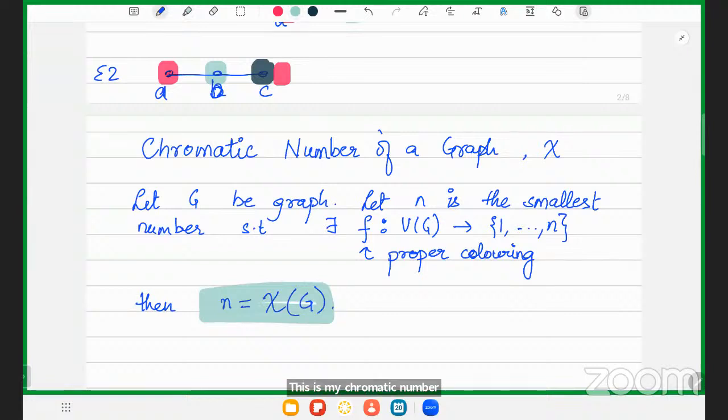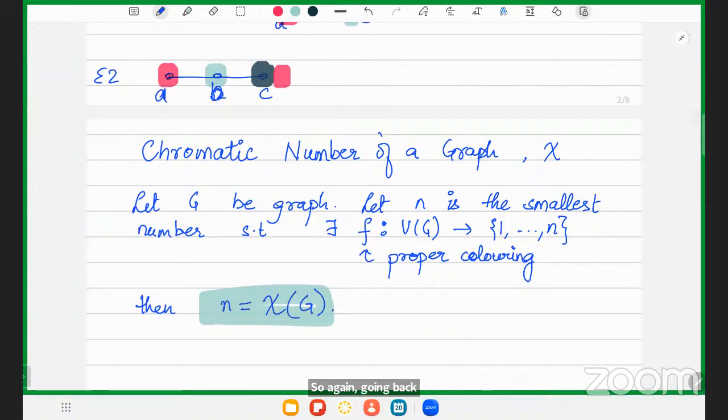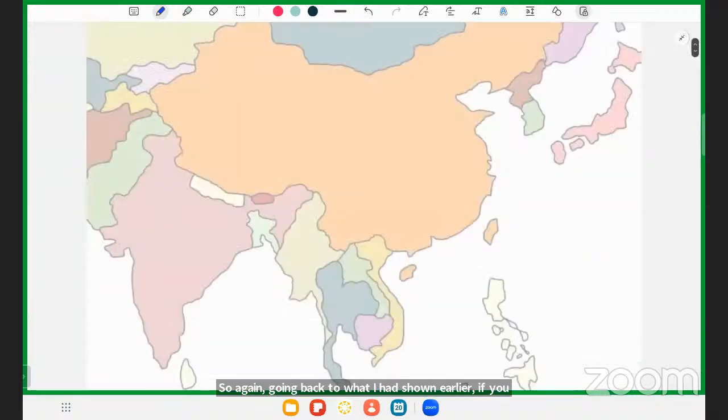So again, going back to what I had shown earlier, if you see the graph which is corresponding to this particular world map, a famous theorem is the four color theorem, which says that no matter how many countries there are and how they share the boundary, if you're looking at the world map, then at the most four colors are sufficient to color all the countries, so that no two adjacent countries will have the same color.